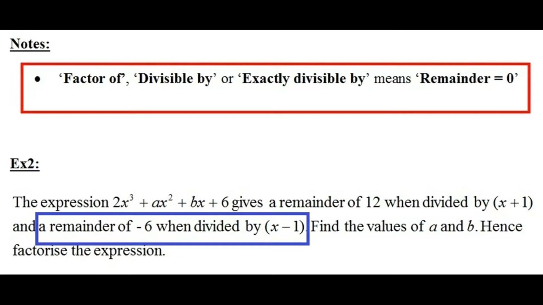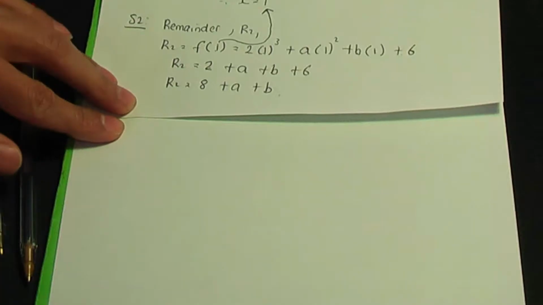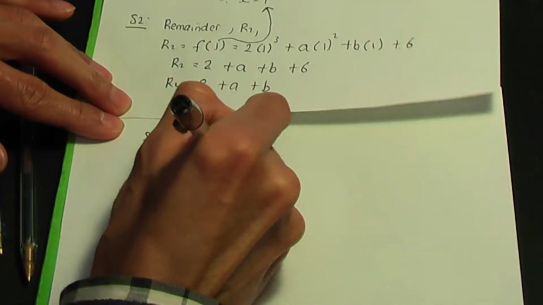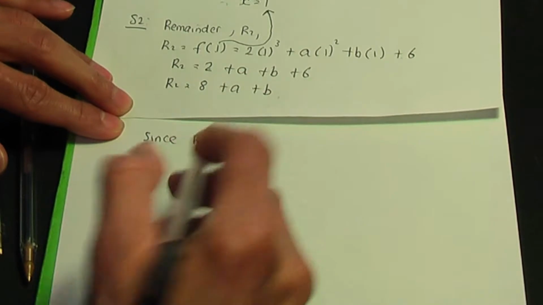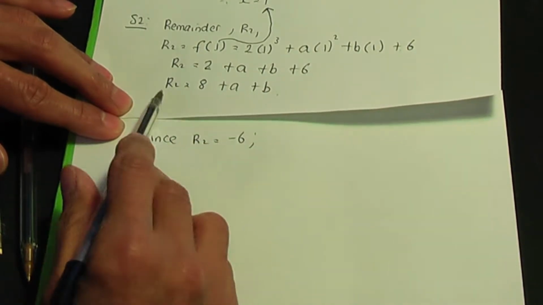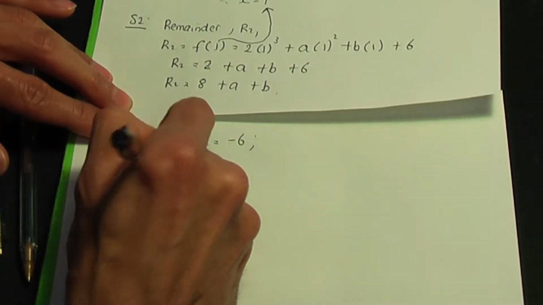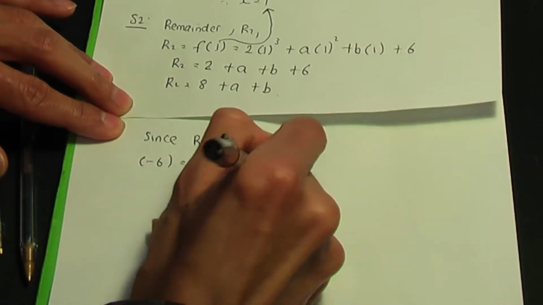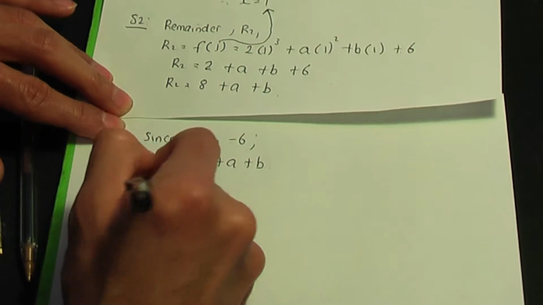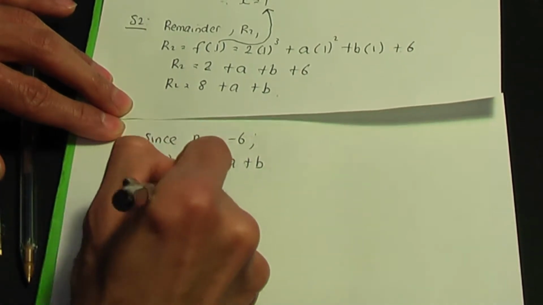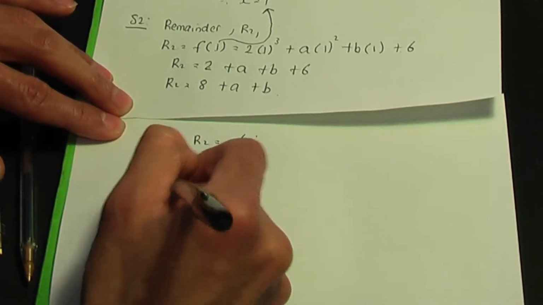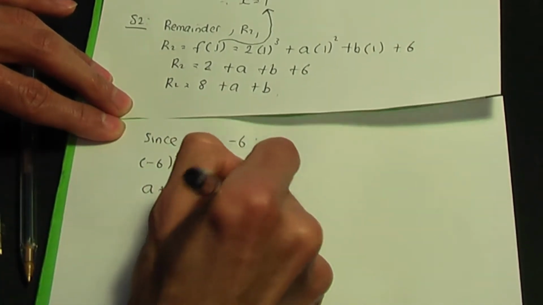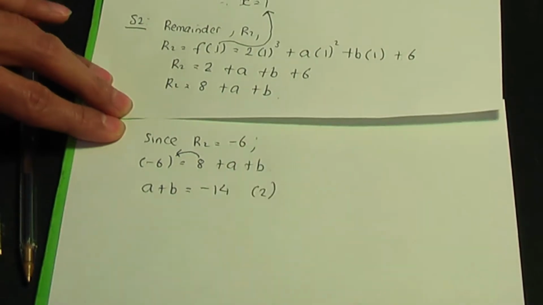So if we go back to the paper and pen, since R2 is minus 6, if I replace R2 by minus 6, we're going to have minus 6 is 8 plus a plus b. And if I rearrange, my second equation is a plus b, taking the 8 to the left hand side, is minus 14. Let me call that equation number 2.